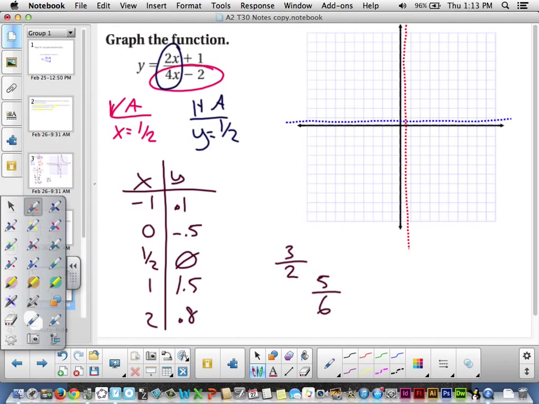So those are our points. Let's plot them. -1, 0.1 is right around there. 0, -0.5 is right around there. 1 and 1.5, then 2 and 0.8, and we got our graph in this region right here.